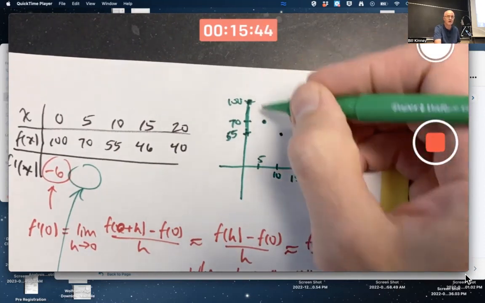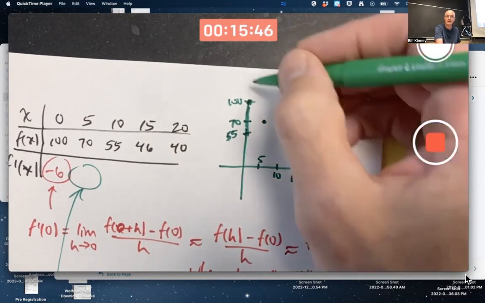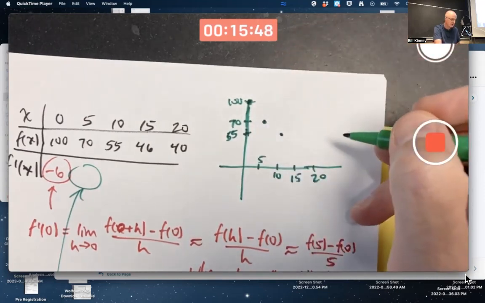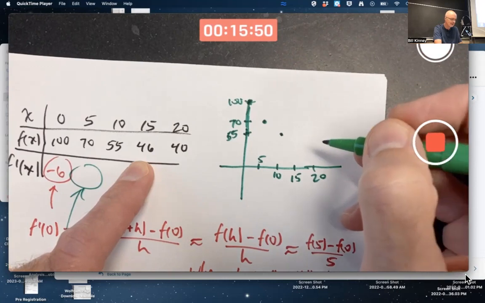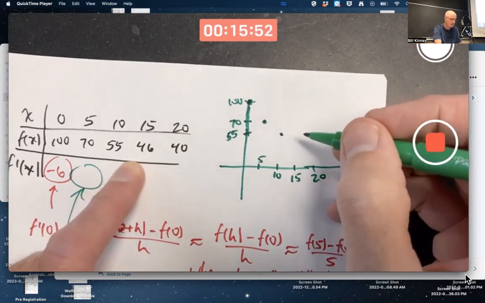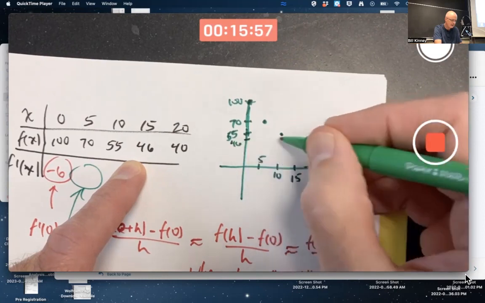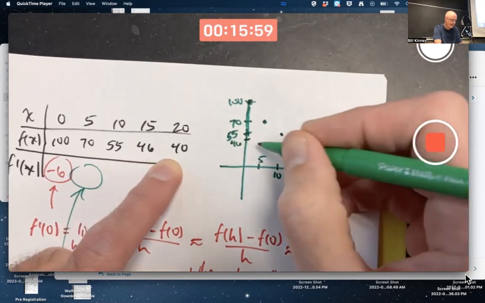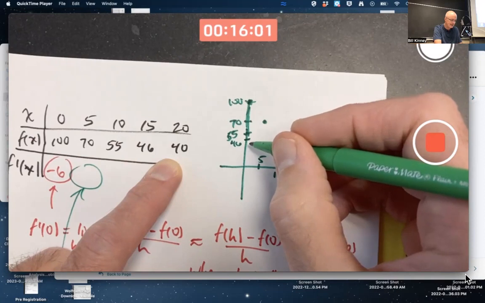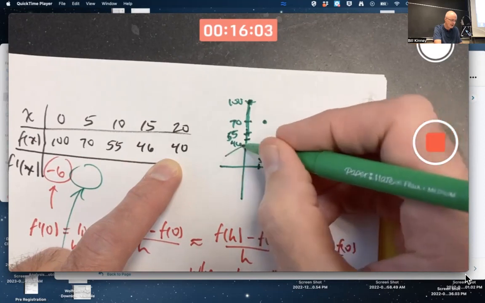Seems like the true underlying function is not only decreasing, but probably concave up. When x is 15, it goes down by 9 more instead of 15 more to 46. Not as big of a drop again. And then only down by 6 as x goes from 15 to 20.